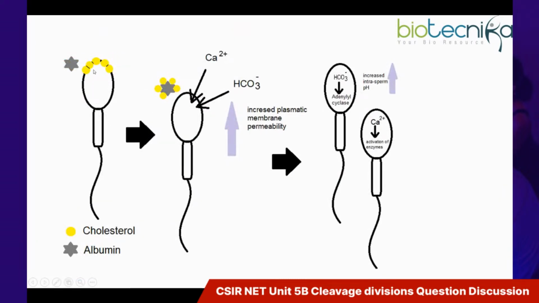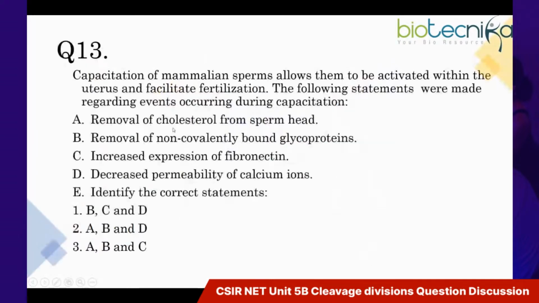We have the cholesterol molecules over here, and we have albumin proteins, which are present in the female reproductive tract. As you can see, the albumin is taking away the cholesterol molecules. So definitely you have the removal of cholesterol. So the first one is correct, removal of cholesterol from the sperm head.